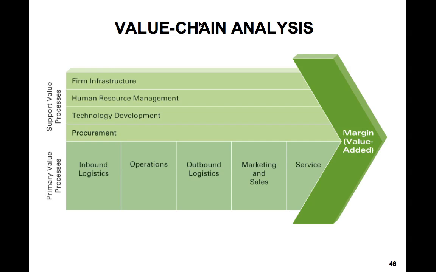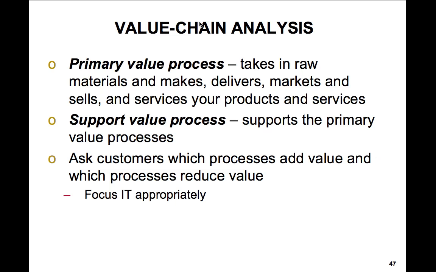So for support: the firm infrastructure, the network system, telecommunications, human resource management, everything that doesn't lead to the creation of the product. The primary is everything that leads to the creation of that product, looking at the added value and the margin that you're getting towards the end. And then you can use it to determine how we can minimize costs, or how we can maximize profits, depending upon what angle we're looking at.